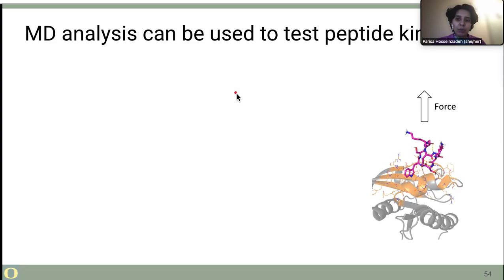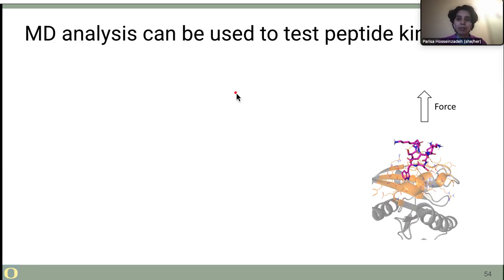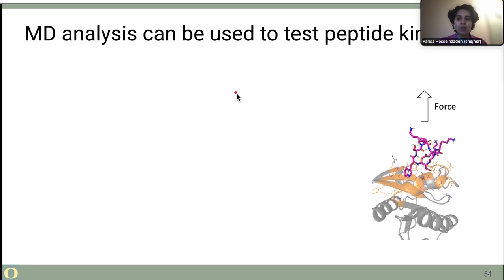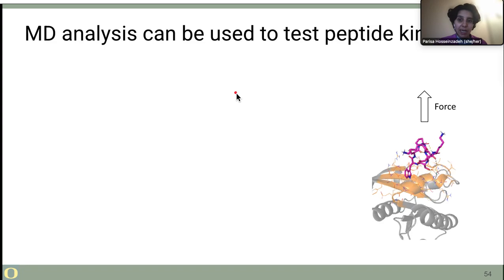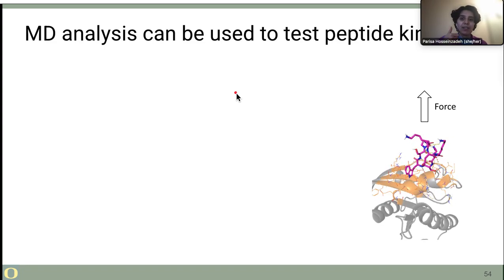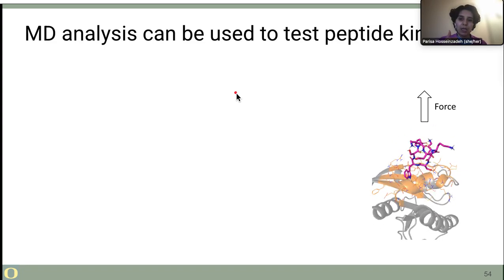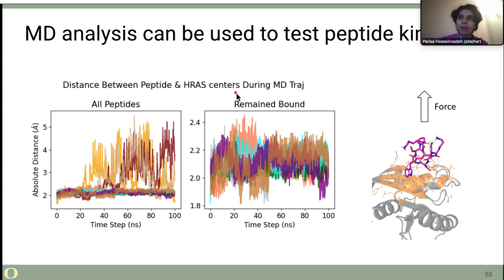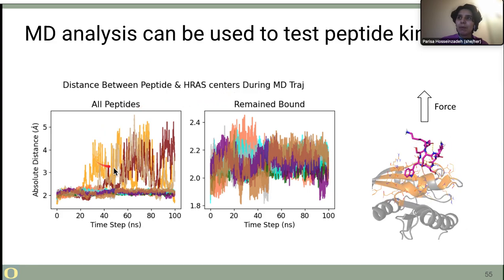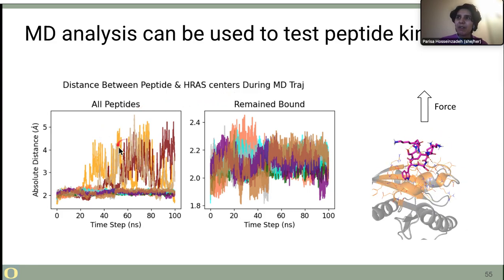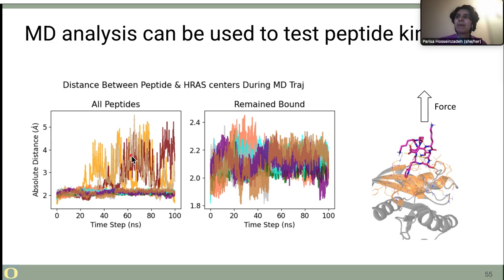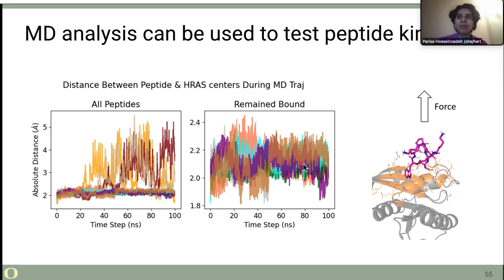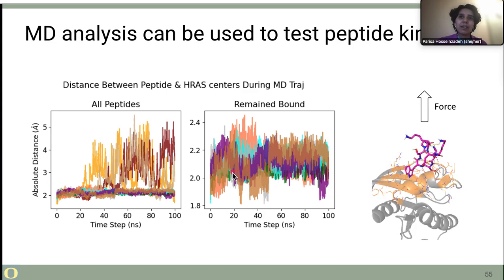Then we decided to use another method of molecular dynamics in which we apply some force, and then you decide when this force is going to result in separation. So you can see that some of the peptides are actually getting separated similar to amino acids, but some of them are staying tight, which is absolutely fantastic.